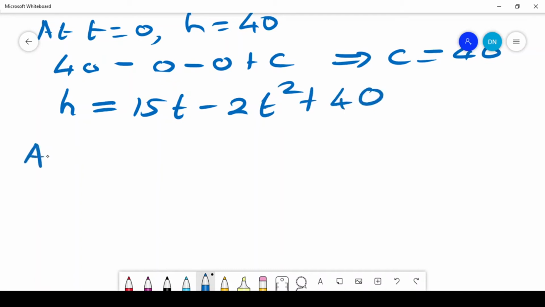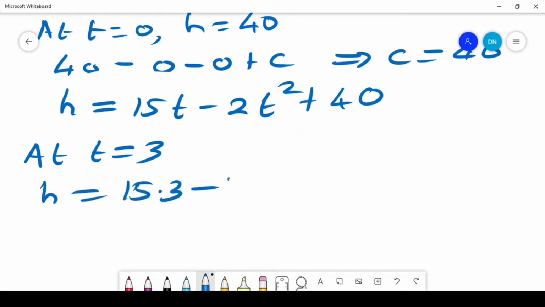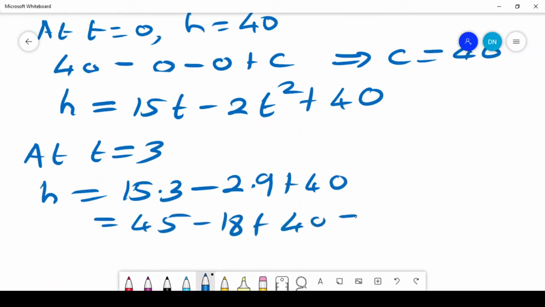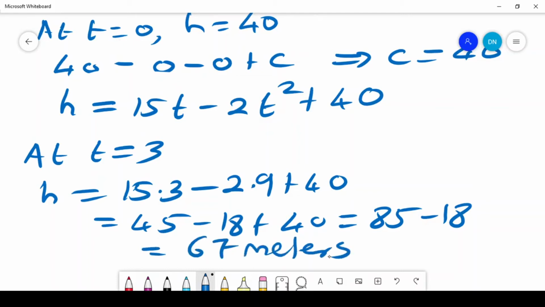So we want now to find h when t is equal to 3. h will be equal to 15 times 3 minus 2 times 9 plus 40, which is 45 minus 18 plus 40, which is 85 minus 18, and that gives us 67 meters, because t squared is 9.